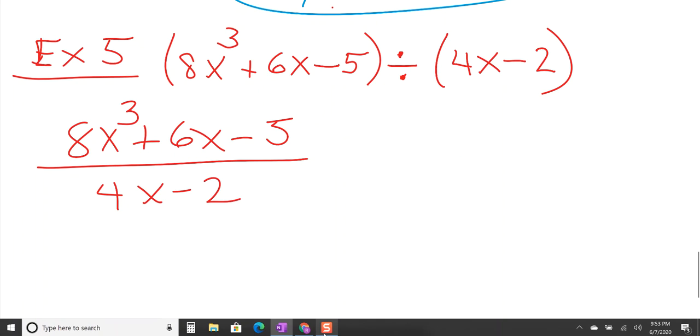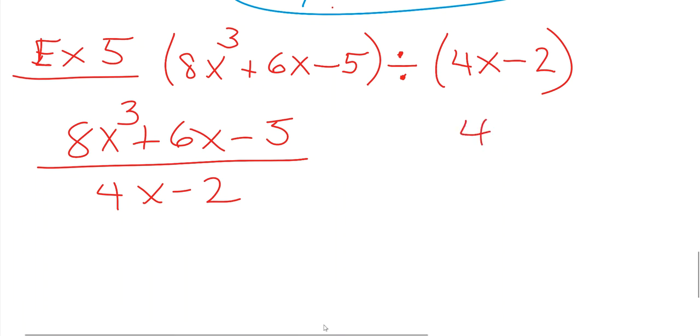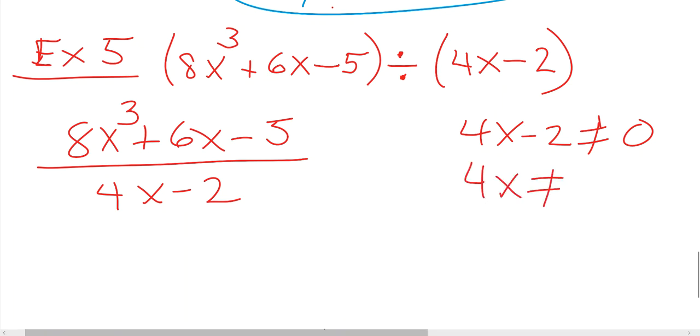And notice that we cannot have x equal to what? 4x minus 2 cannot be equal to 0, because if it was, this expression would blow up and it wouldn't be permissible. That means that 4x cannot be equal to 2.